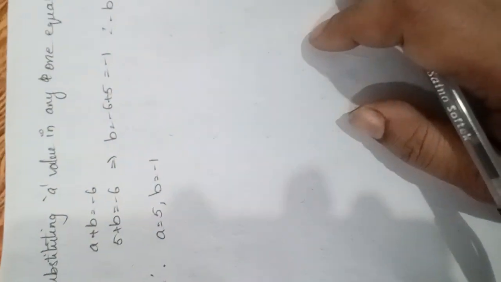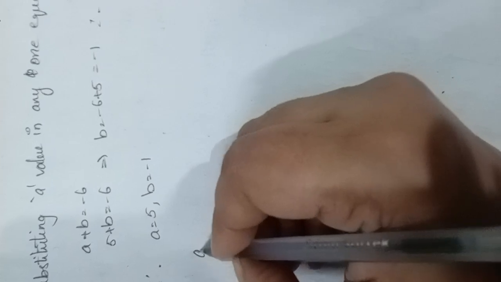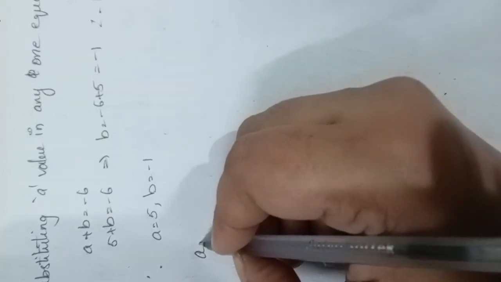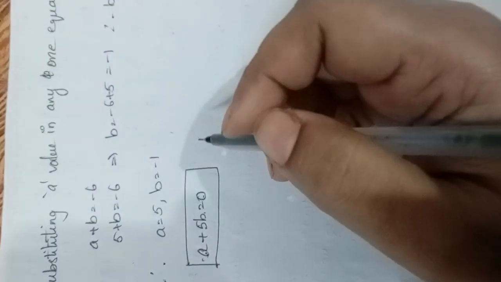What are the equations? So a minus 5b equal to 0, because a is 5, b is minus 1. So 5 minus 5 equal to 0. Understood?